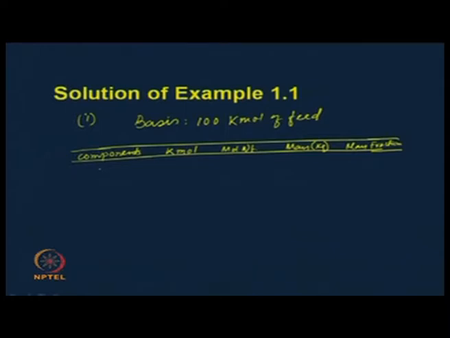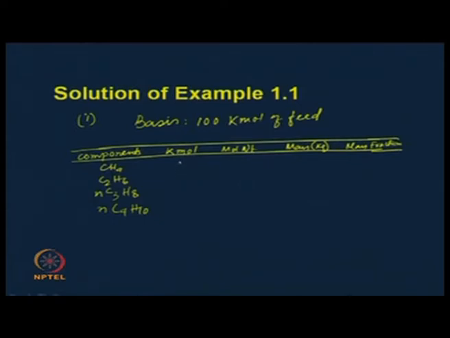So, the components we have are CH4, C2H6, normal propane C3H8, and n-C4H10.